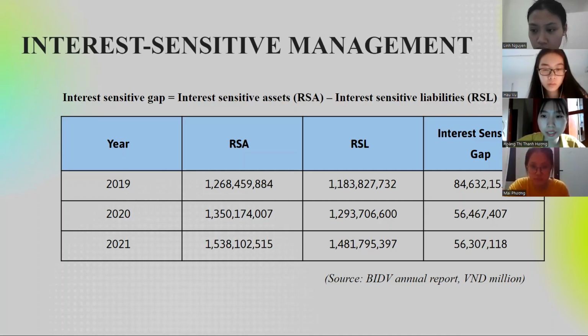As you can see in the table describing BIDV's interest sensitive gap in the last 3 years, in 2019 the interest sensitive gap is over 24 million, and in 2020 and 2021, it is reduced by more than 56 million.